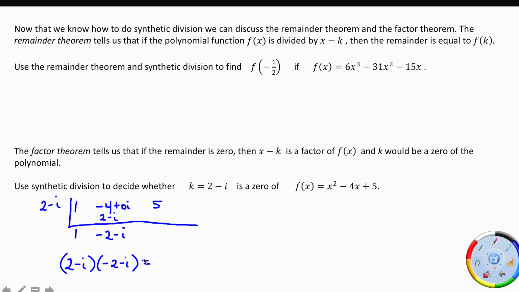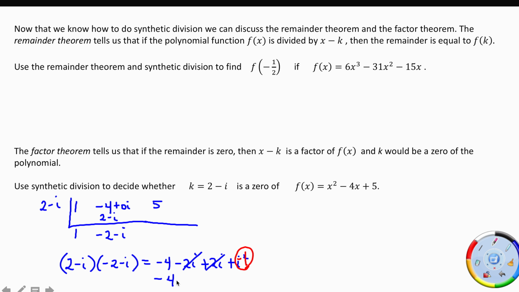And I have negative 4 minus 2i plus 2i plus i squared. Oh, but remember, every time we have an i squared it's negative 1. So here's minus 2i plus 2i.